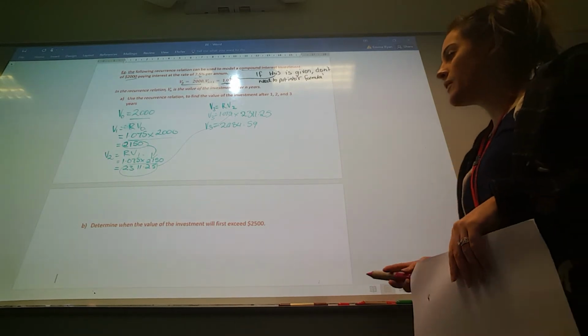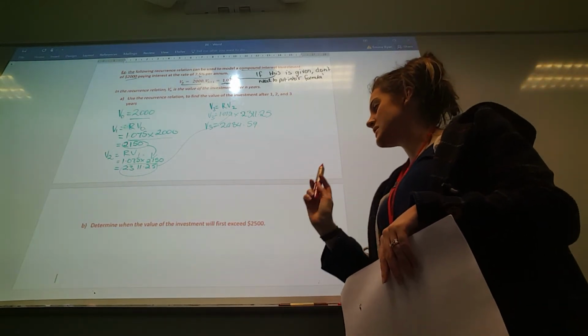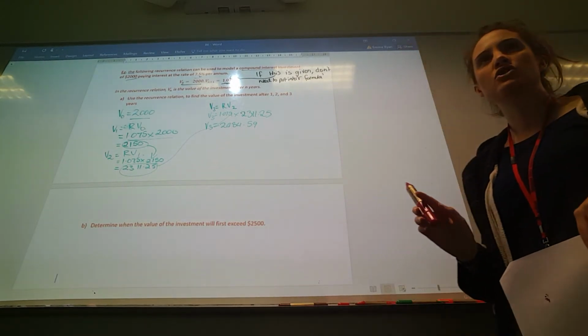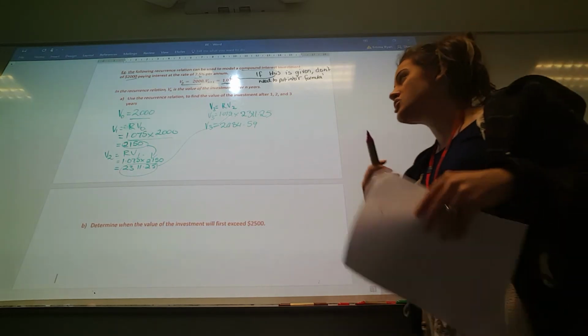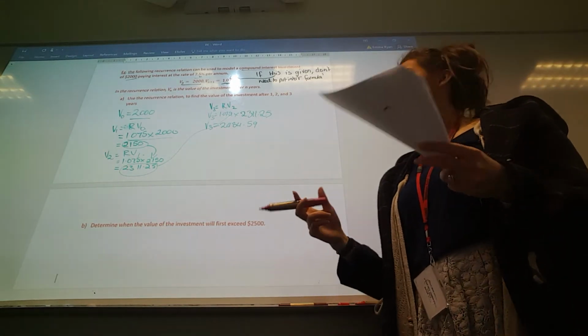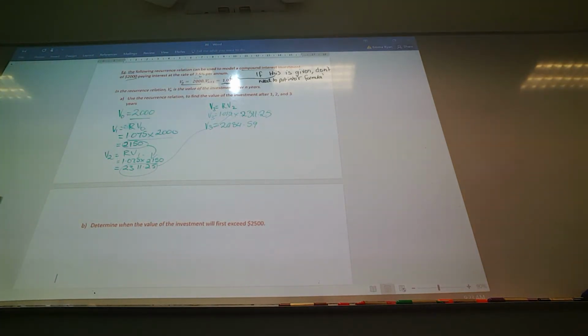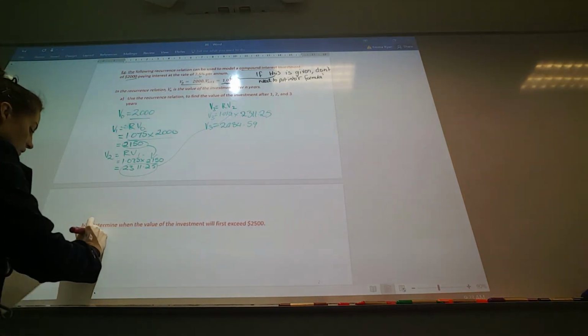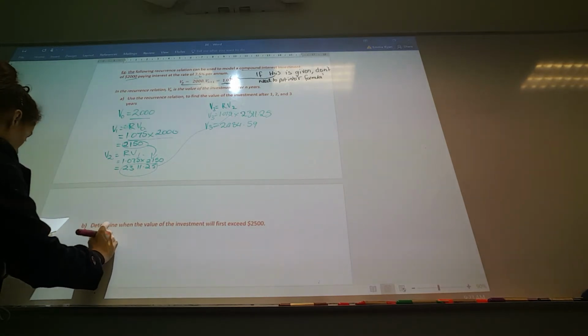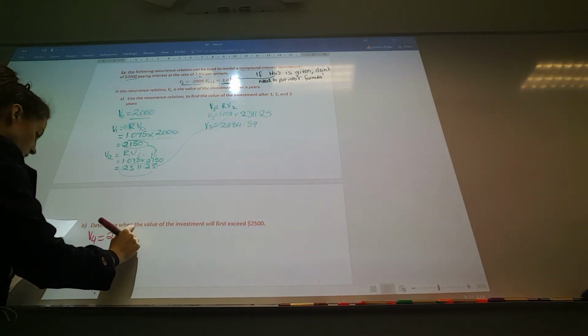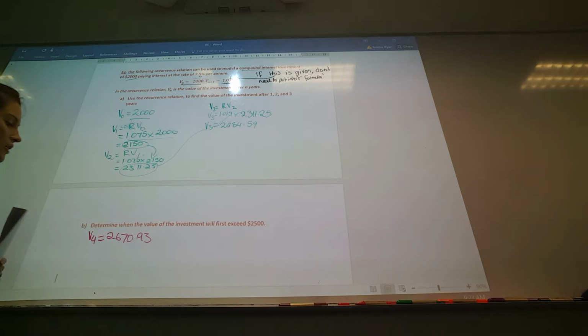Okay, so determine when the value of the investment will first exceed $2,500. If we're talking about recursion, we need to keep using recursion. V4 is $2,670.93.